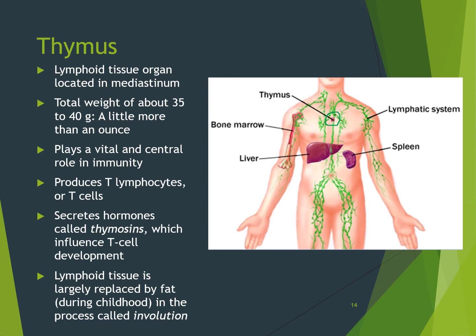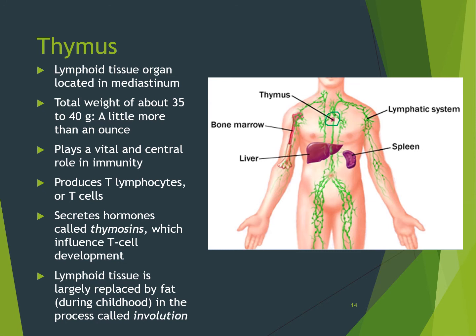It's most active when we're children, and then as we age, it starts to shrink and shrivel away, and it's mostly replaced by fat. By the time we're about 60 years old, it's about half of its size, and by 80, it's pretty much non-existent.